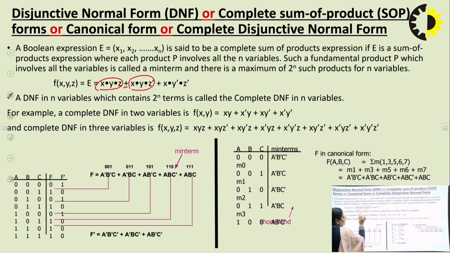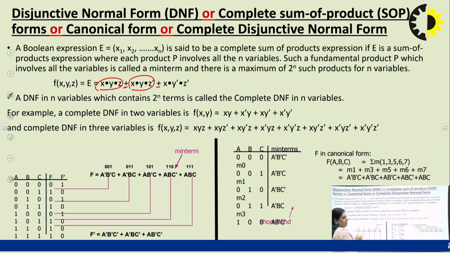Dot is representing the product, and we are adding these terms. So this is the sum sign. We are adding these terms in an expression E with the function f, which has three variables or three literals x, y and z. The function is f, assigning its value to E, and this is the sum of products.